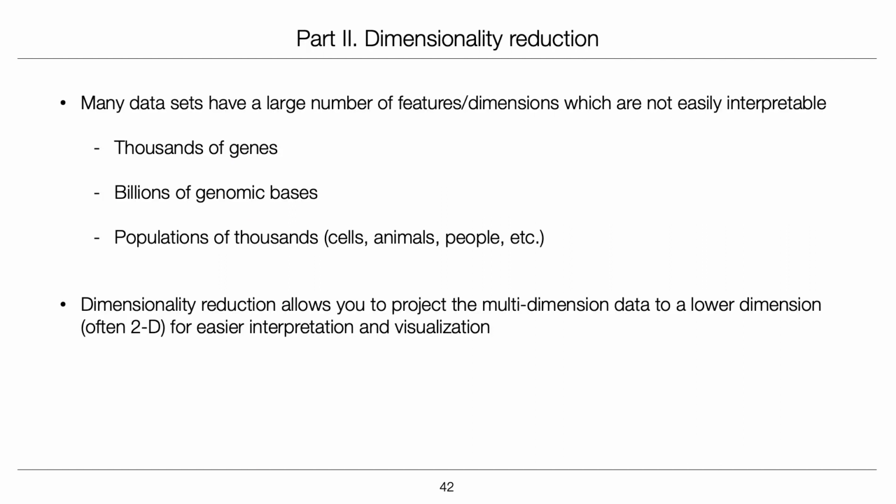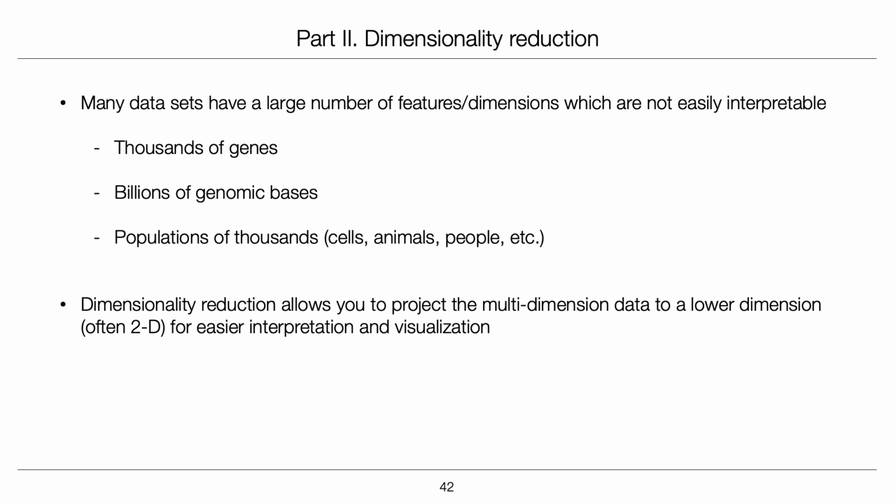Now we switch gear to talk about the second type of unsupervised learning technique, dimensionality reduction. Many biological data sets have a large number of features, which are dimensions in the parlance of statistical learning. For example, an RNA-seq dataset has tens of thousands of genes for which you have measured the expression levels.